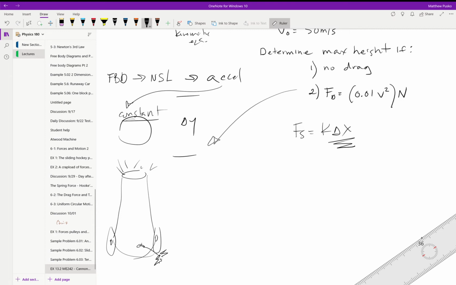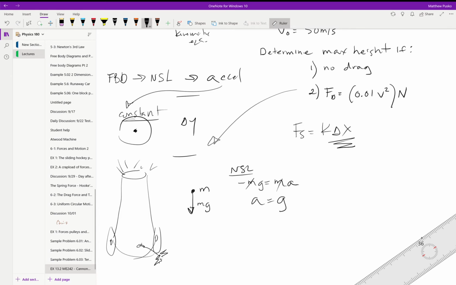In that case, if we did a free body diagram on this mass, or this ball right here, we just have mg pointing downwards. That means we have a minus mg equal to, this is Newton's second law, the mass times the acceleration, and that shows us that the acceleration is equal to g.